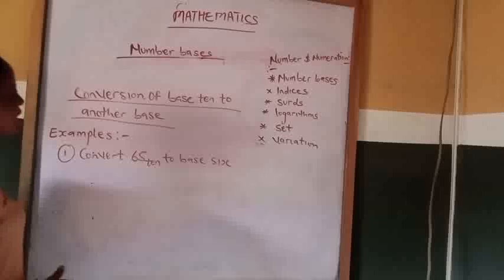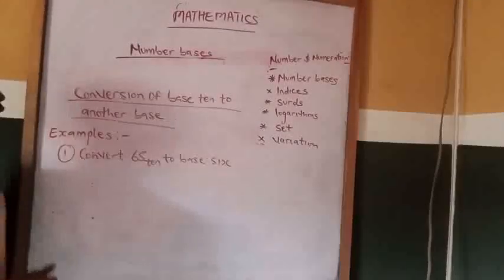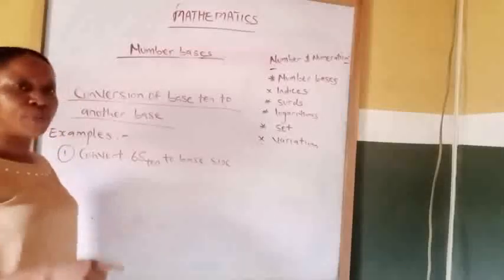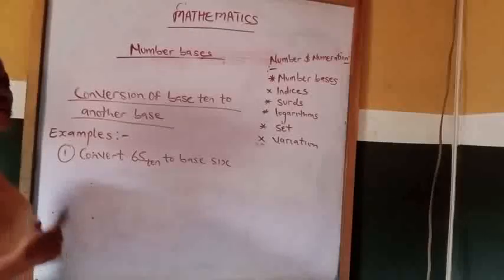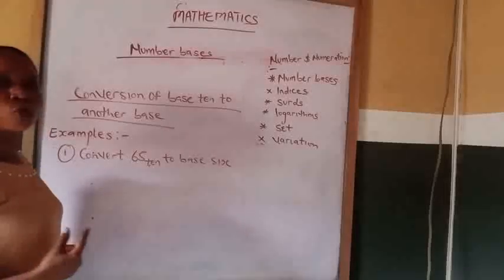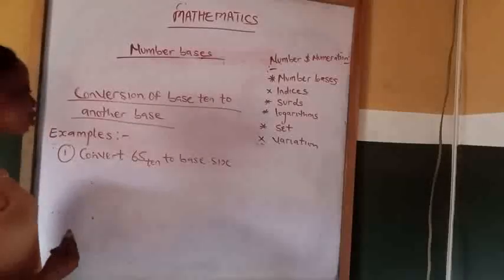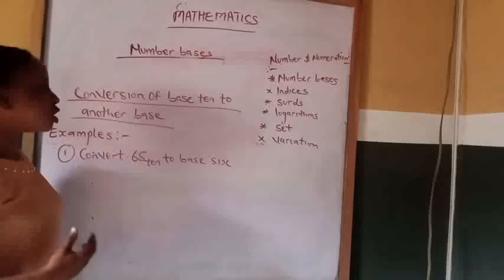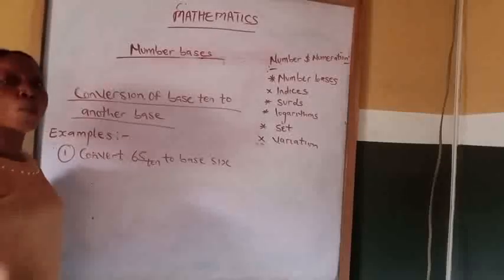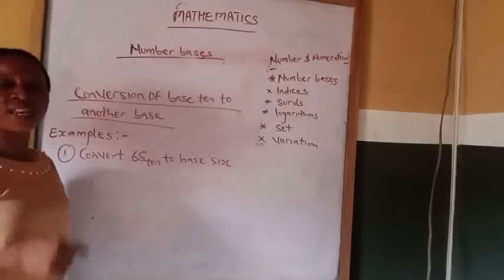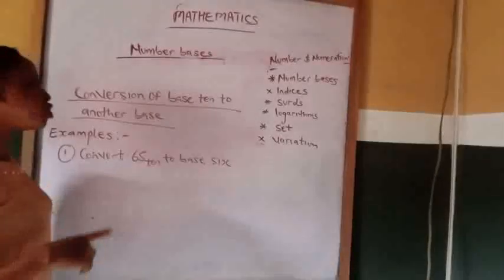When you are converting a number in base 10 to another base, you divide the number by the new base. You divide the number repeatedly by the new base until you obtain 0, that is, until your quotient is equal to 0. Then the resulting solution will be the upward collection of the remainders, because at each stage you write your remainder.